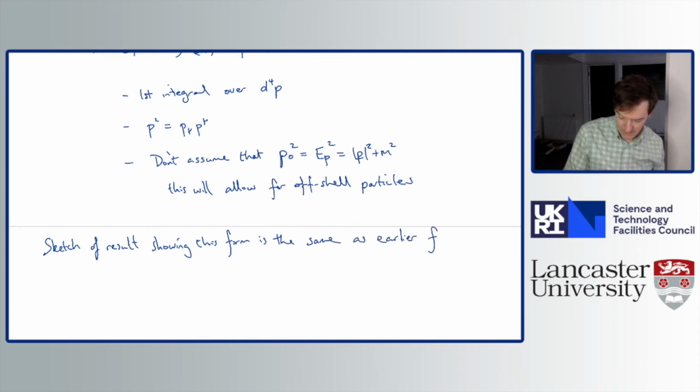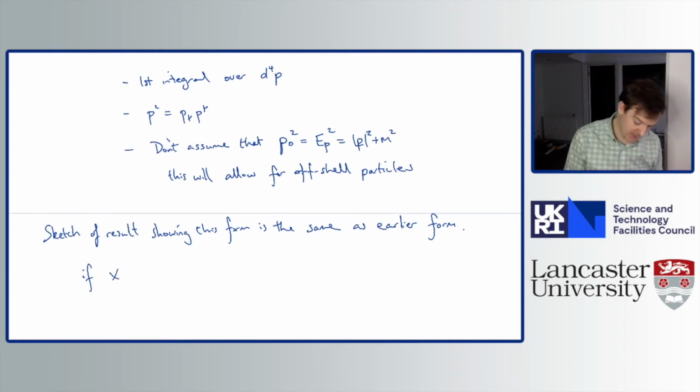We know from our earlier form that we needed to think about the time ordering of events. So let's think about what happens if x naught is greater than y naught.